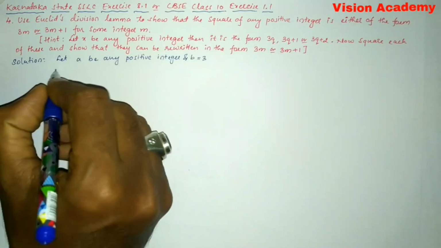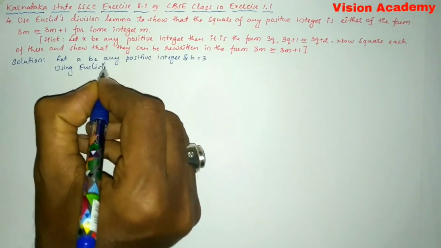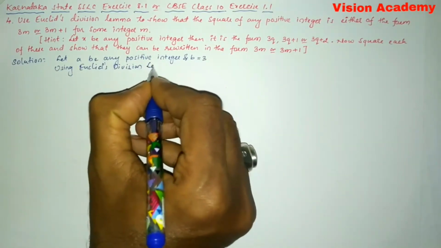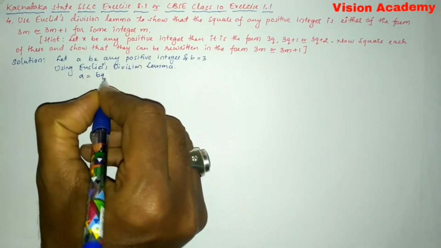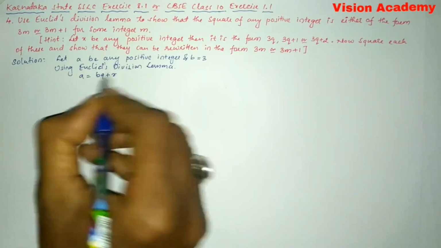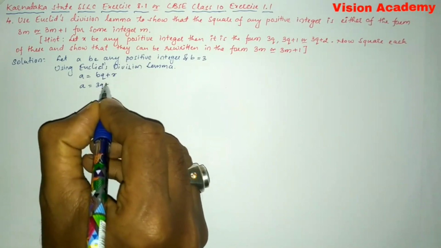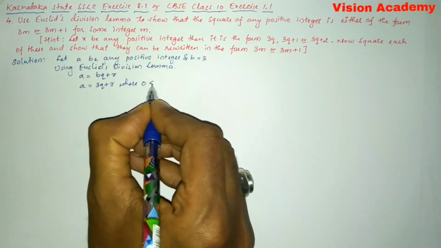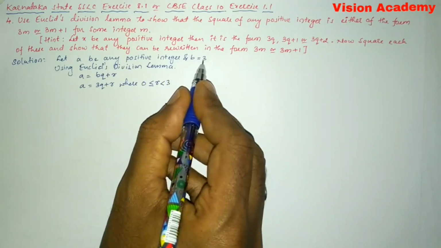Now using Euclid's division lemma, we can write a is equal to b into q plus r. Here we can substitute the value of b, that is 3. So a is equal to 3 into q plus r, where 0 is less than or equal to r is less than 3, because the b value is 3.